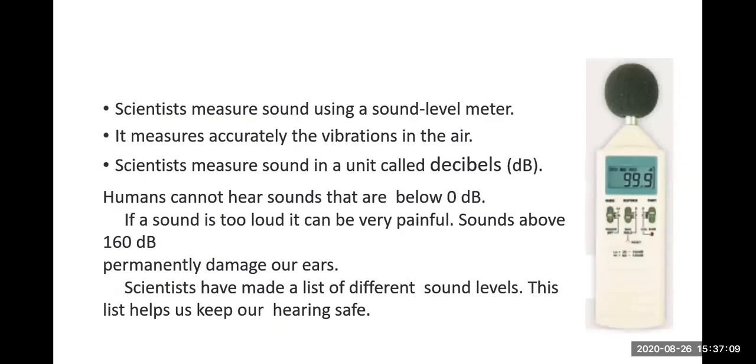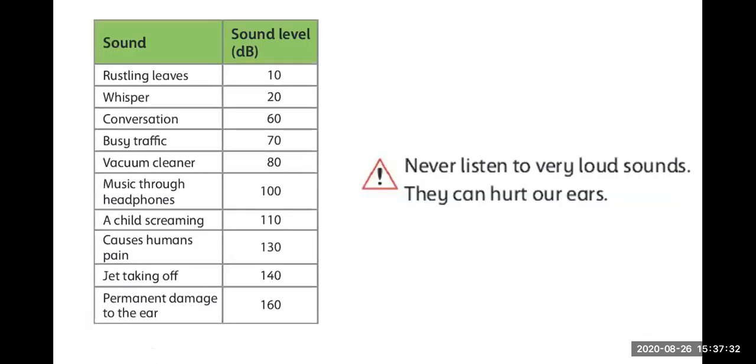If it is over 160 decibels, we also cannot hear. And how will we measure the sound? We will measure the sound with a sound level meter, as you see in this picture. The sound level meter shows the sound in decibels. Decibel is the unit of sound.